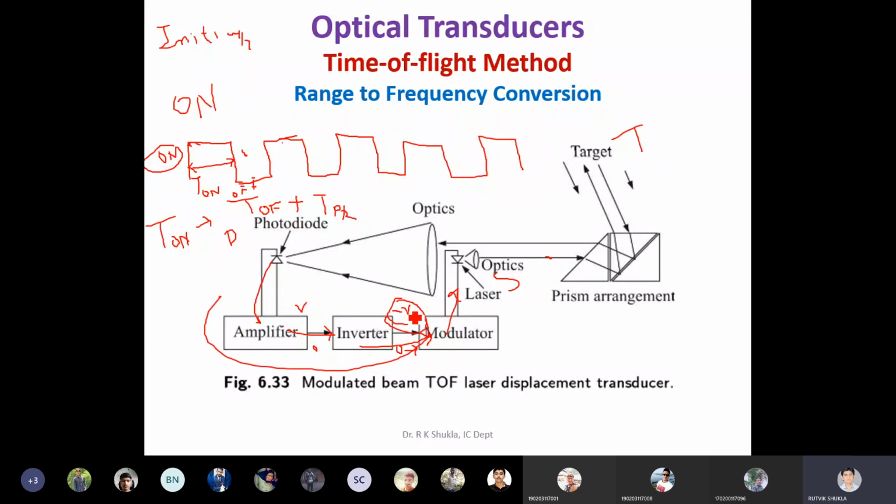So the whole process takes some time. It is called signal processing time. Clear? So your on time is the combination of time of flight and processing time.